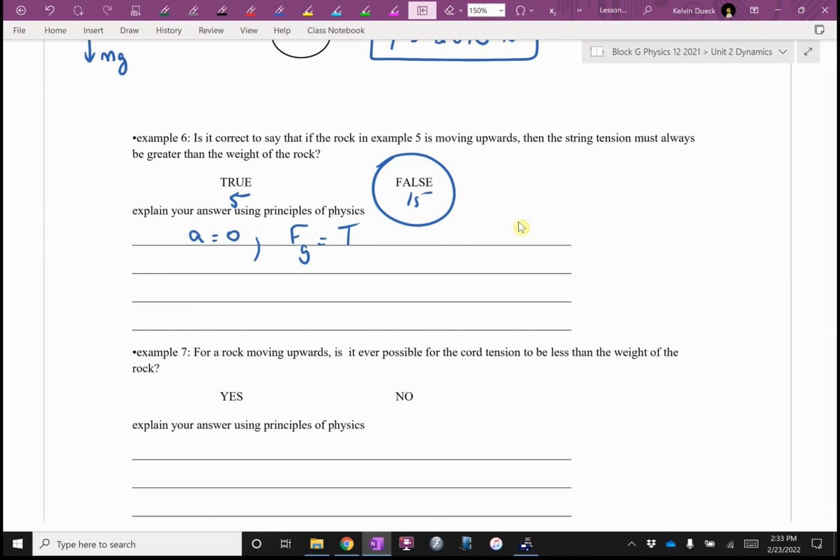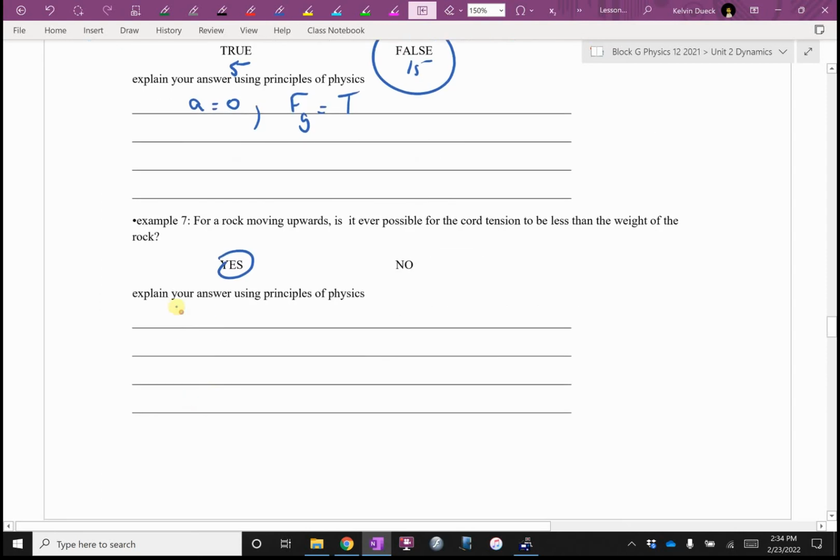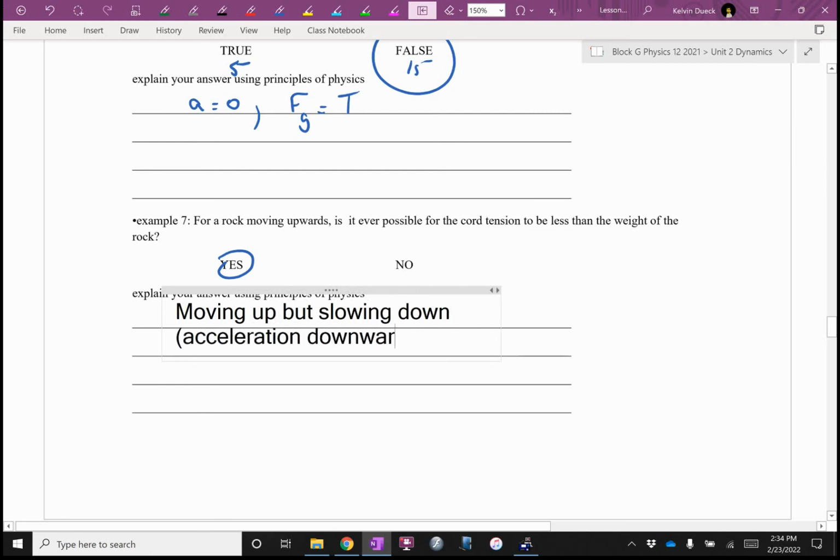We're moving up, but slowing down. Okay? So the answer here is, yeah, you actually predicted where I was going. And how? Moving up, but slowing down. And you can put in brackets, accelerating downwards. So that means mg is winning, tension is losing, tension is less than mg.